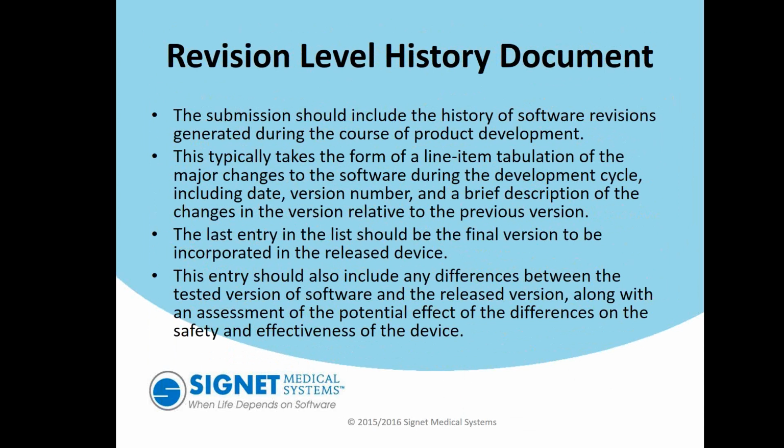This entry should also include any references between the tested version of the software and the release version, along with an assessment of the potential effect of the differences on the safety and effectiveness of the device. I think that it talks to residual risk elements, residual bugs, and generally you try to use the final version as your testing version.